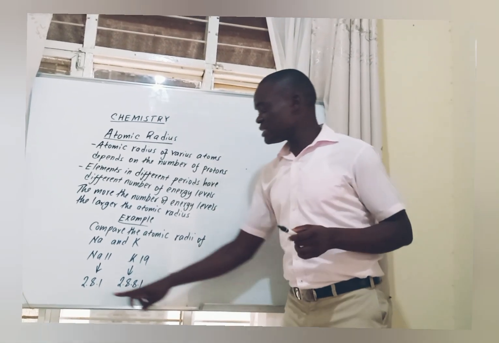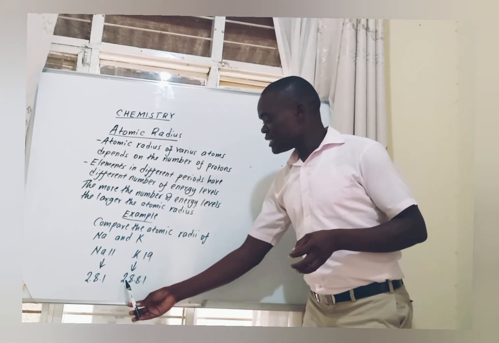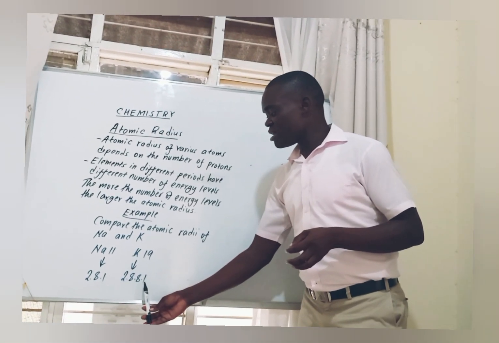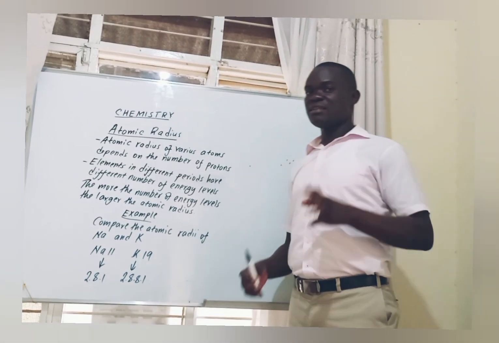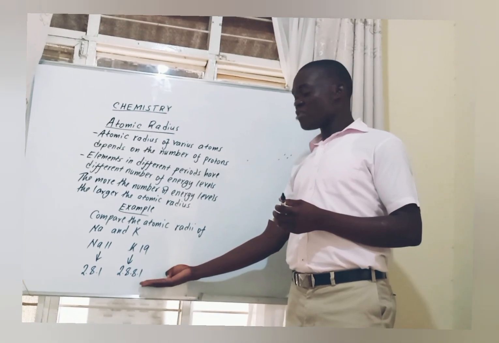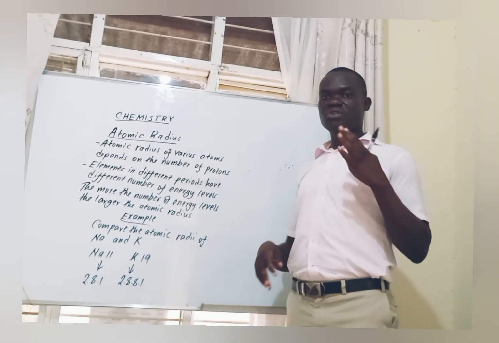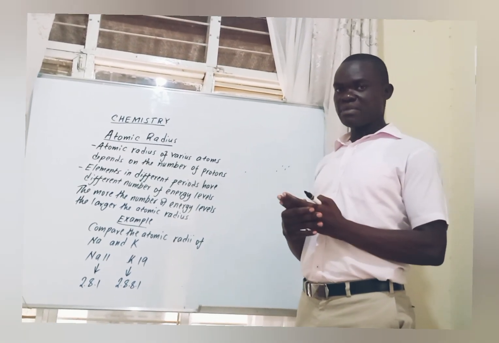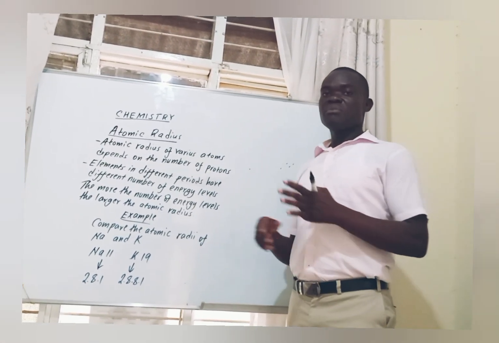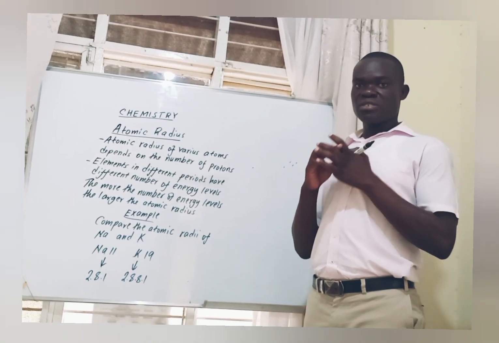When we compare the number of energy levels, we find that potassium has 4 energy levels, while sodium has 3. So we can conclude that potassium has a larger atomic radius than sodium, because potassium has more energy levels than sodium.